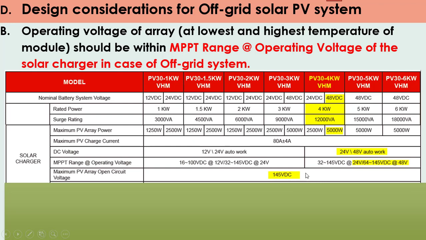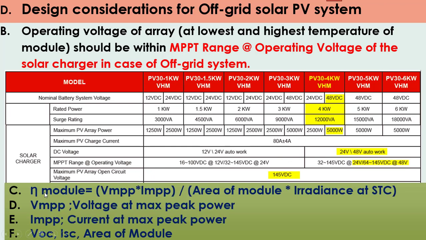We must never exceed this upper limit of the MPPT range of the solar charger. This is a very important notation that we must take into consideration while making our calculation, whether we do hand calculation or select the suitable inverter in our simulation by using advanced software such as a PV software package.